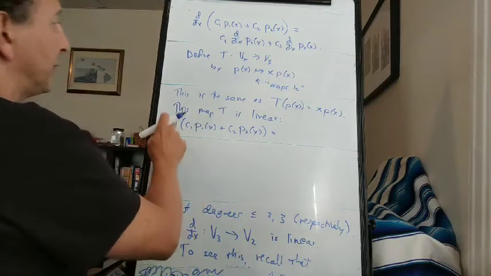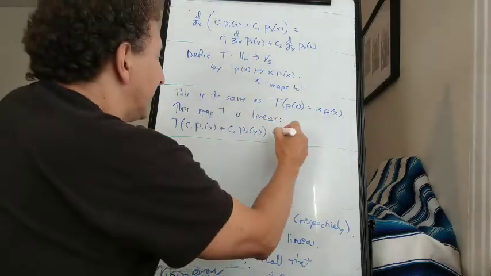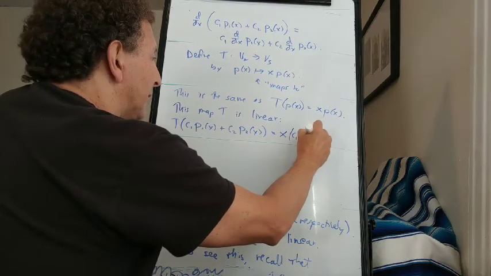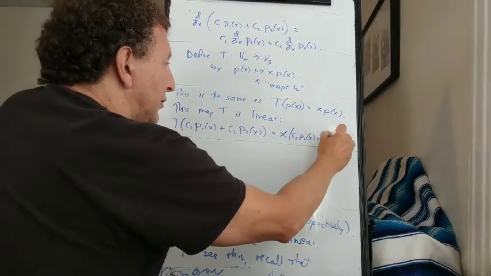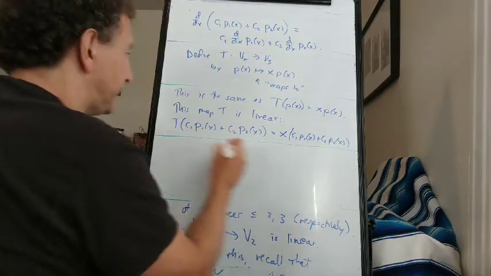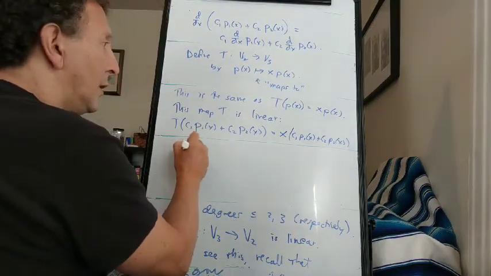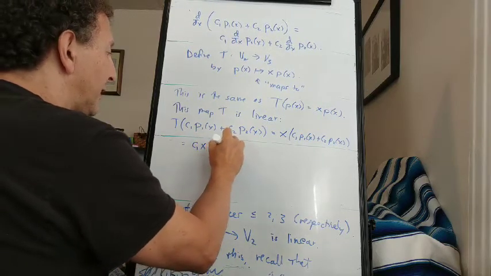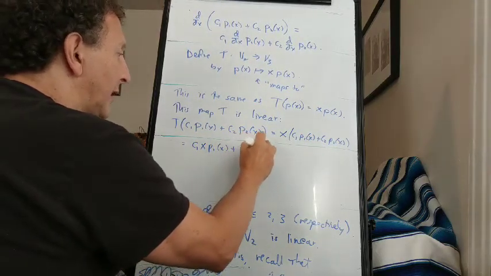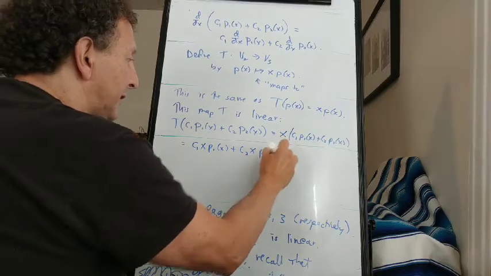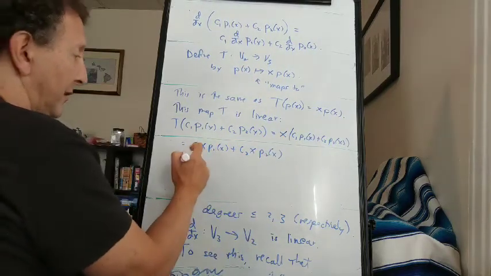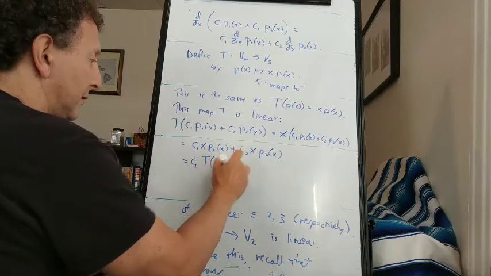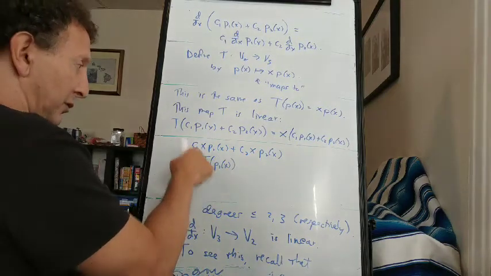So this equals, T is just multiplied by x, so we get x times c1 p1 of x plus c2 p2 of x, which we could rewrite as c1 x p1 of x plus c2 x p2 of x, and then x p1 of x is T of p1 of x, because T means multiplied by x.